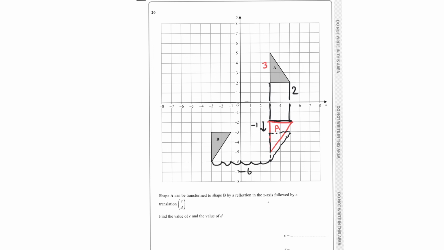So we know that the translation is -6 in the x direction, and -1 in the y direction. So therefore, our answers are going to be -6 for C and -1 for D. Because remember, with your translations, x goes at the top, y goes at the bottom.